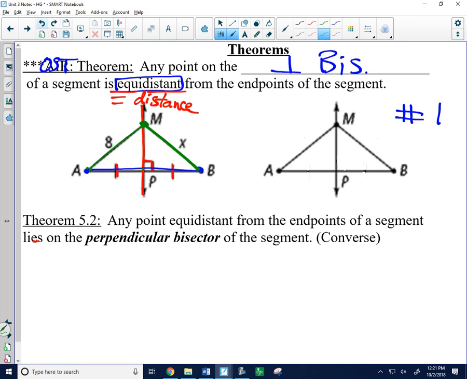So we will prove this one in the practice. Again, if you're struggling in the practice, it's number 1 from what we did Friday. To show that AM and BM are congruent, we just show the triangles are congruent. So it boils down to a triangle proof. You do the reflexive property.